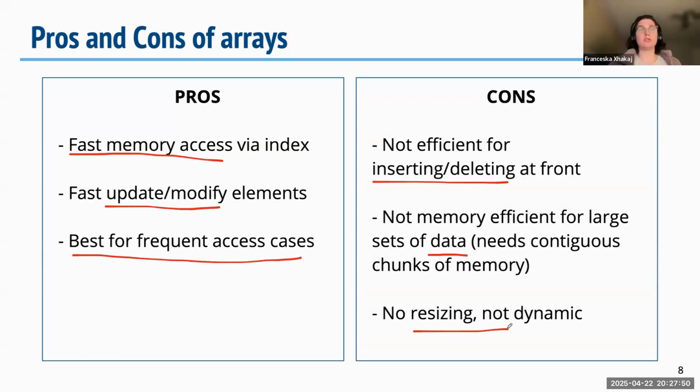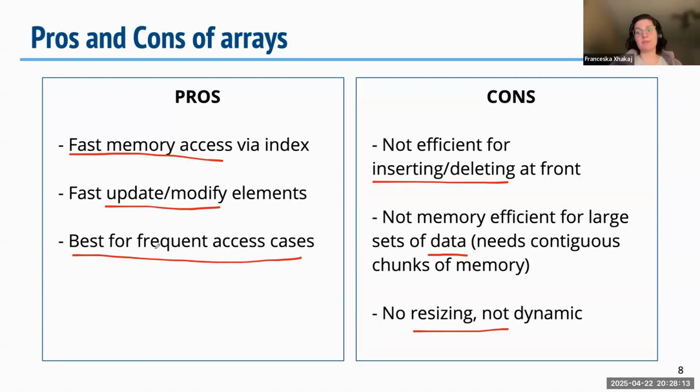One thing that I want to mention in general about data structures is that they are not one size fits all. Depending on the scenario that you need, one data structure may be better than another one. What do I mean by that? If you have a small set of data and you need to frequently access your data, then arrays are perfect, because a small set of data is not taking a lot of memory and you have frequent access.